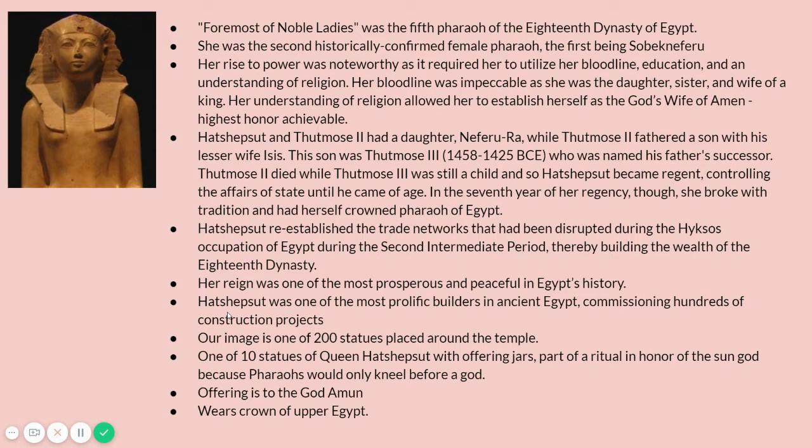She reestablished a lot of trade networks. She built a lot of things. She really expanded Egypt. It was just super prosperous, and it was also very peaceful. Nobody was in conflict or at war with anybody else.